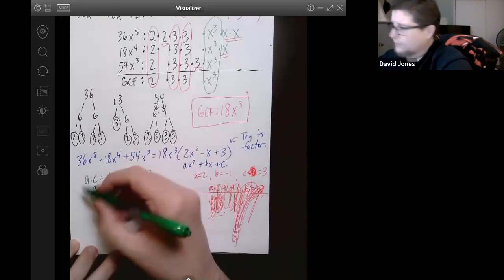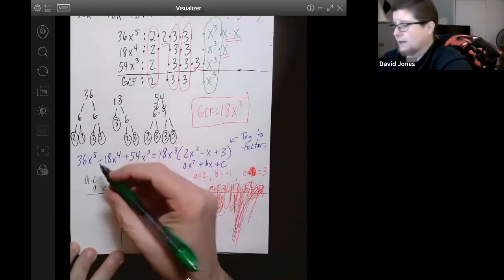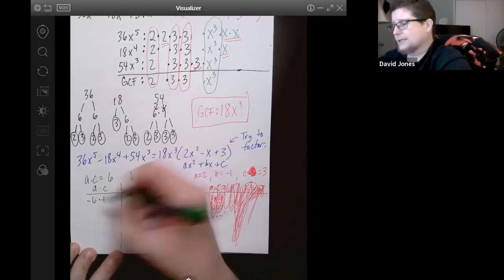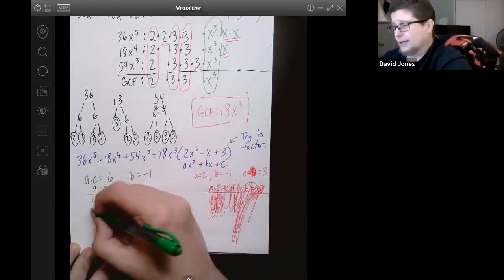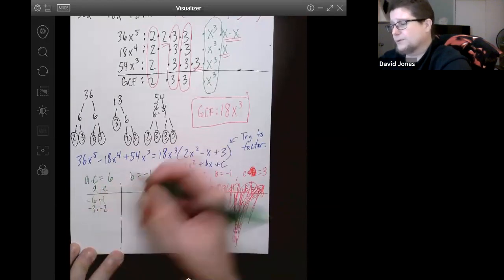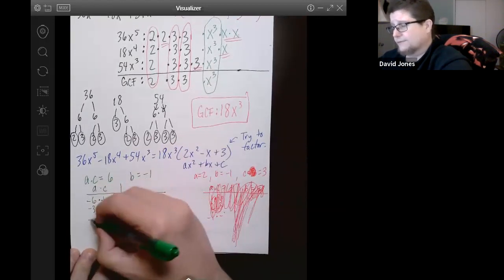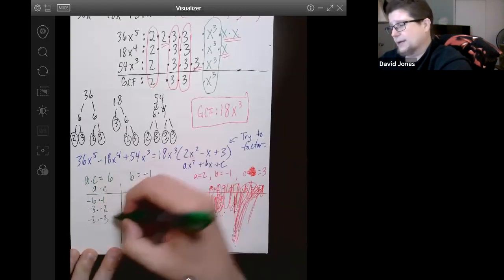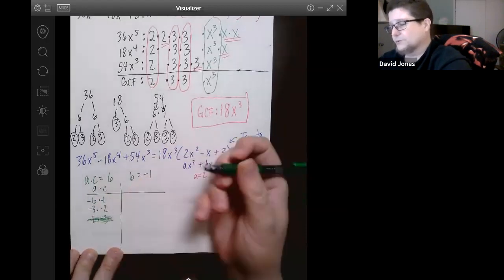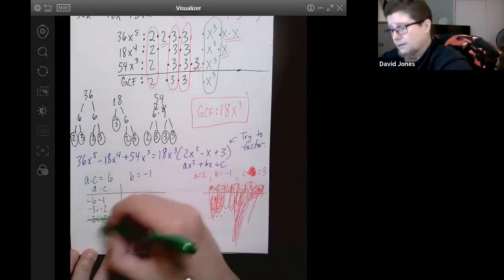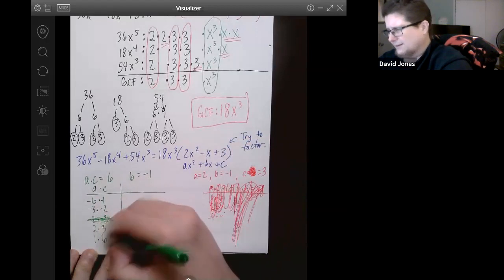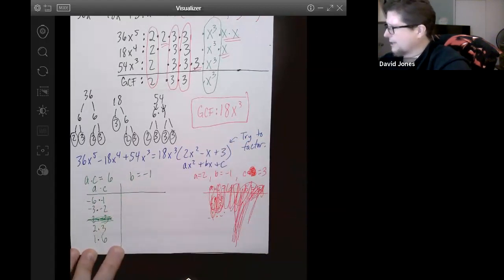We could do negative 6 times negative 1. I could do negative 3 times negative 2. I could do negative 2 times negative 3. And these are repeating. I don't need that, so I don't need those. I could do 2 times 3 and 1 times 6. Actually, this one is not a good one to show you the gap thing I was talking about.